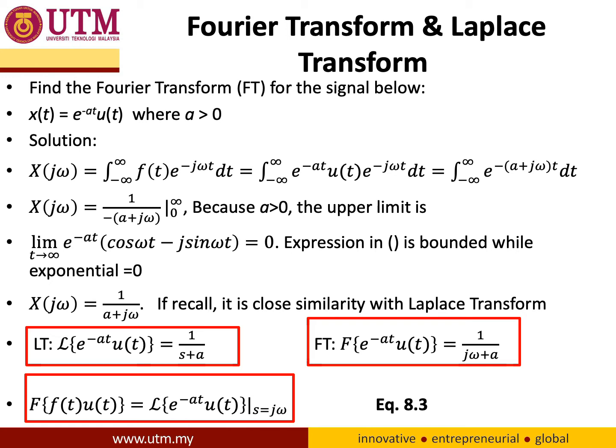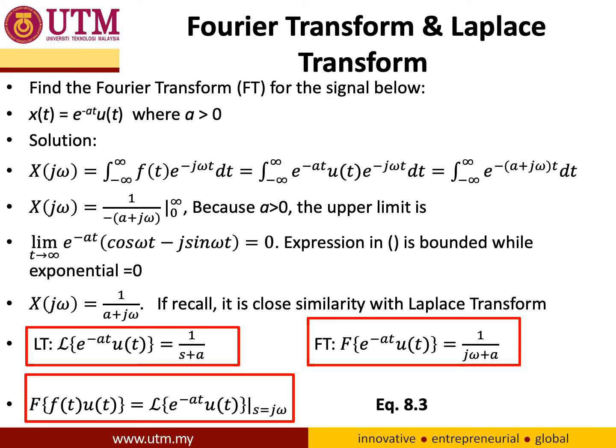For example, here, let us find the Fourier transform for the signal below, which is x(t) equals exponential to the power minus at u(t), where a is more than 0. When we find the Fourier transform for the signal, finally we have 1 over a plus jω.